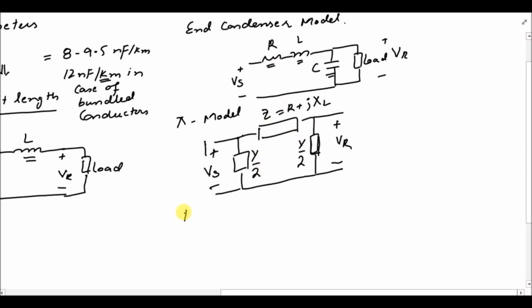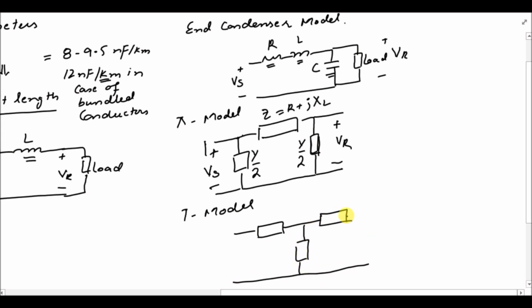Now in the T model, we will divide the impedance into two parts, and the admittance will be placed in the center of these two impedances. Receiving end voltage, sending end voltage. This is your impedance that is divided into two parts, and this is your admittance of the line.